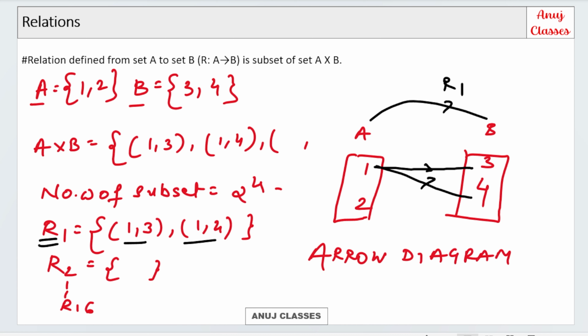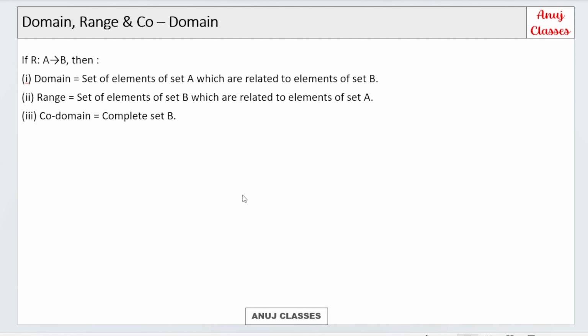So now we will see how we will find out the domain and range as well as the codomain if we have some set. So suppose we have a set A which is 1, 2, 3 and 4, and we have a set B which is 5, 6, 7 and 8.